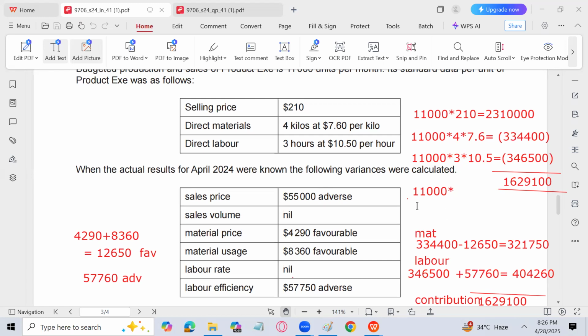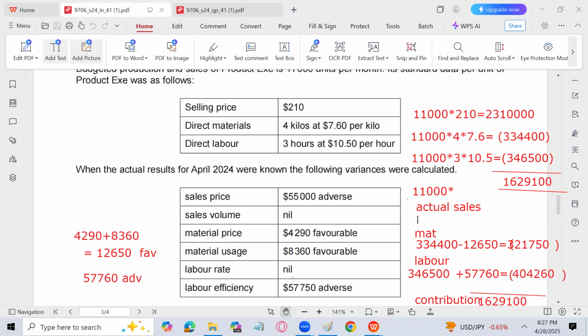Now you can go in reverse to find the actual sales. That is going to be 1629100. These two are to be deducted, right? So what will they become? Oh sorry, we will add them. And you will be able to get the answer of our actual sales.